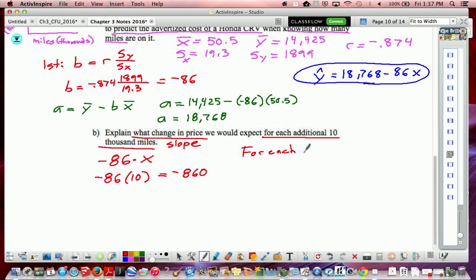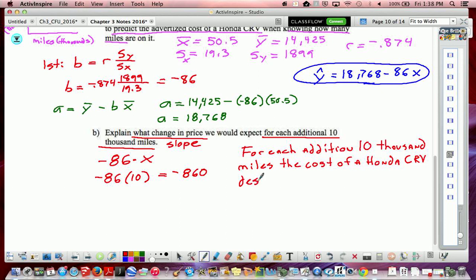So for each additional 10,000 miles, the cost of a Honda CR-V decreases by $860.